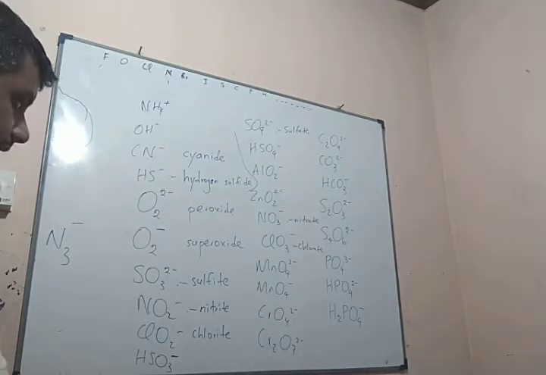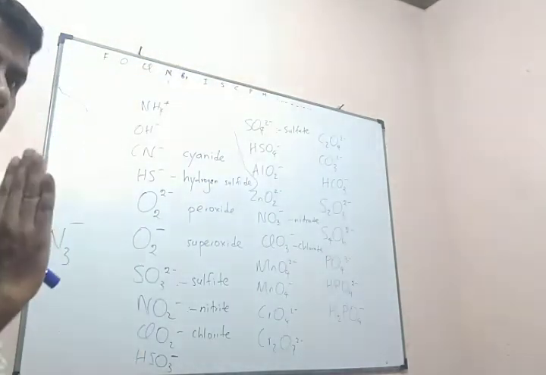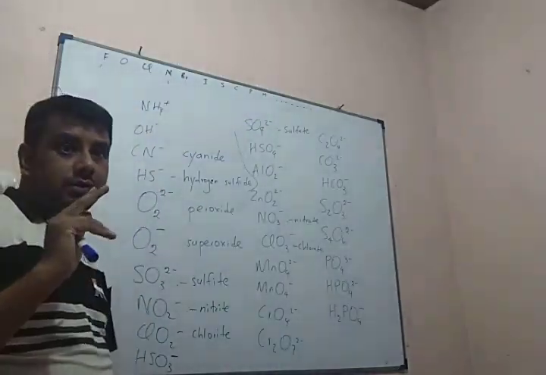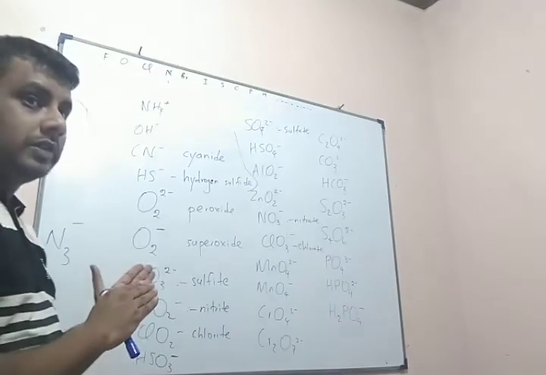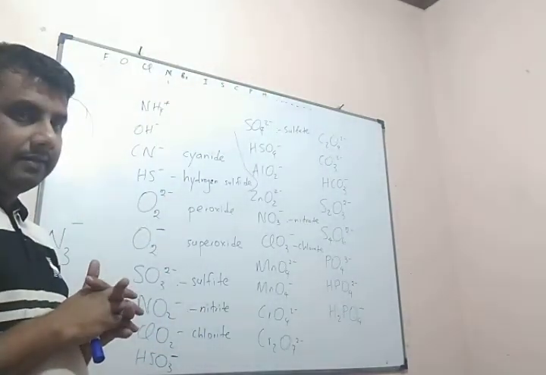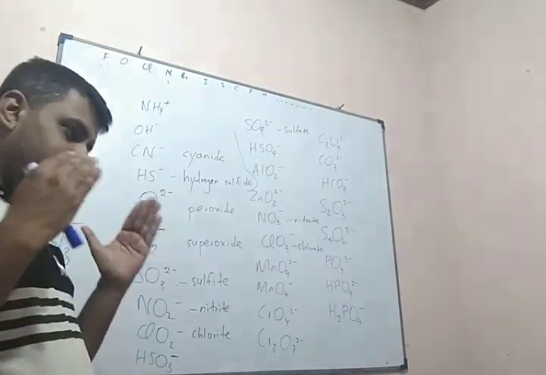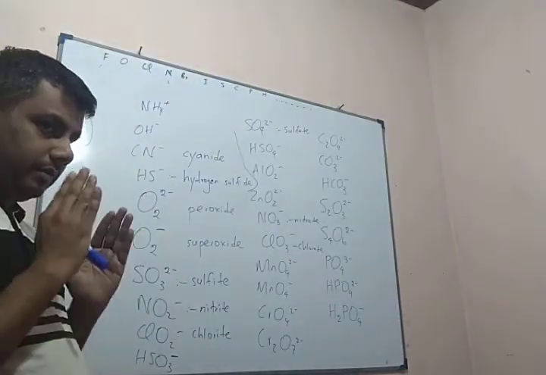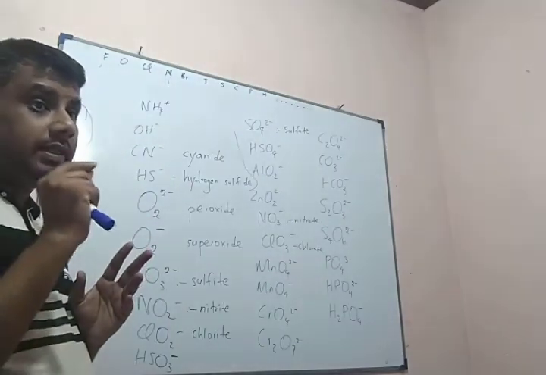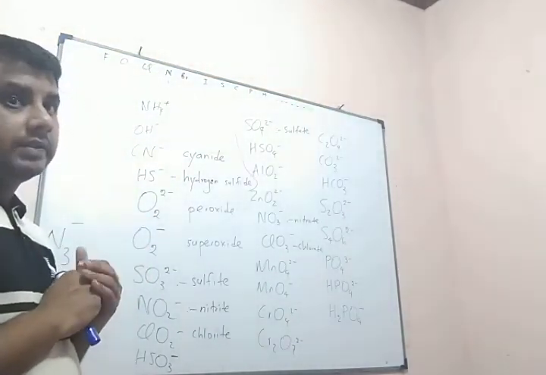Okay, actually, the number of oxygen is not the important thing. I have already said that the number of oxygen matters: lower number of oxygen is ITE, higher number of oxygen is ATE. Yeah, you can memorize it like that. But that's not the accurate thing. What's important is the oxidation number, the oxidation state.